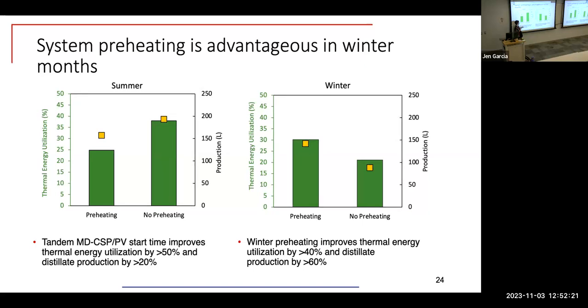It's best that we operate the two systems in tandem. If we look at the winter months, we see that it really is beneficial to preheat and get to a higher temperature set point, because again, we have higher system efficiencies, right? If you're thinking of Carnot cycles, you want to operate at as high temperatures as possible to make your system as efficient as possible.